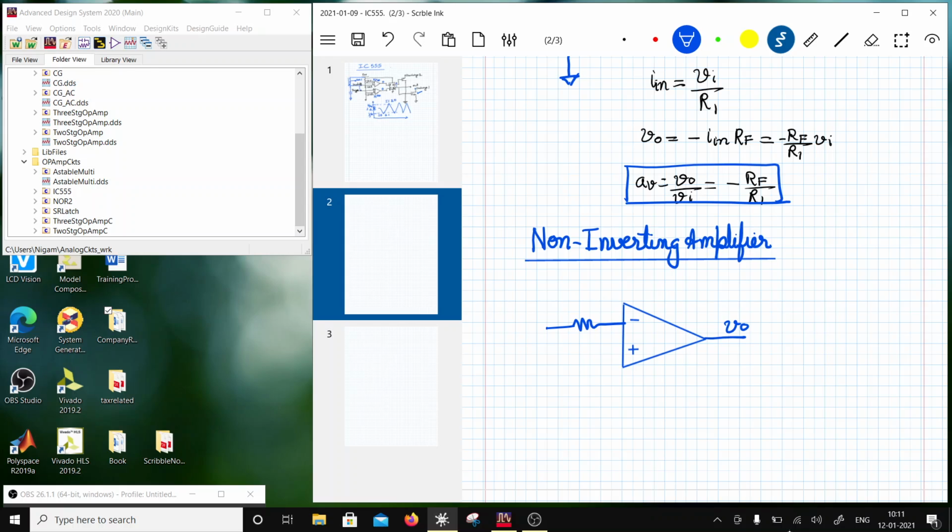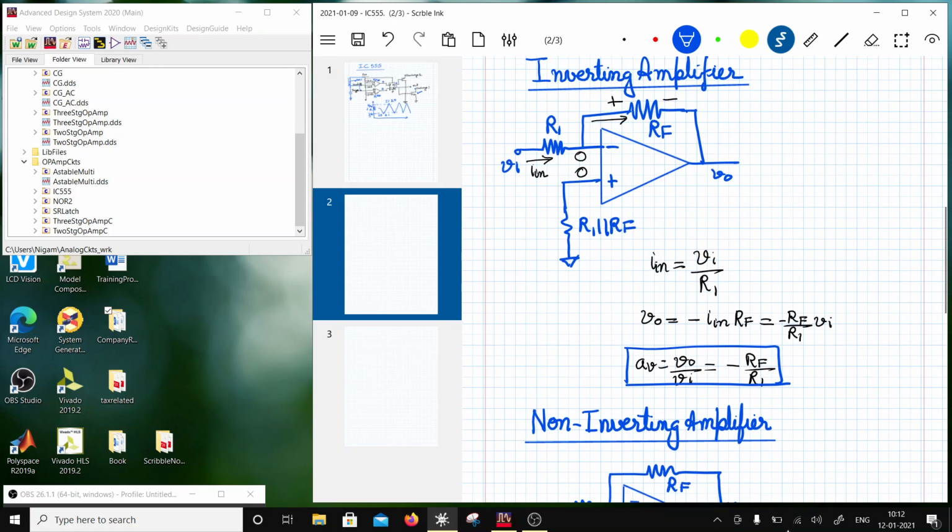Instead of applying the input to the inverting terminal, this is still RF, this is still R1, and this is ground, and I will apply the input over here. Now, there is no DC current drawn, so I can always put an equivalent here, which is R1 in parallel with RF, and I am going to apply it to this.